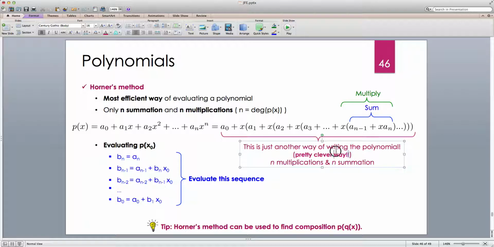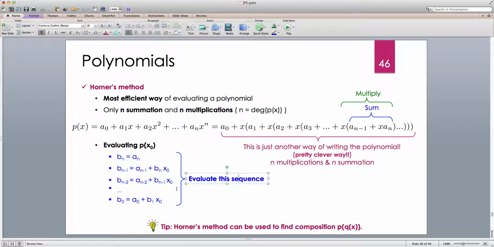But the difference is that we are avoiding calculating the power in each term. We're just doing addition and then multiplication. And therefore the way we are going to implement the evaluation of the polynomial at a given point, we're going to use a recursive algorithm based on this kind of factorization or organization.